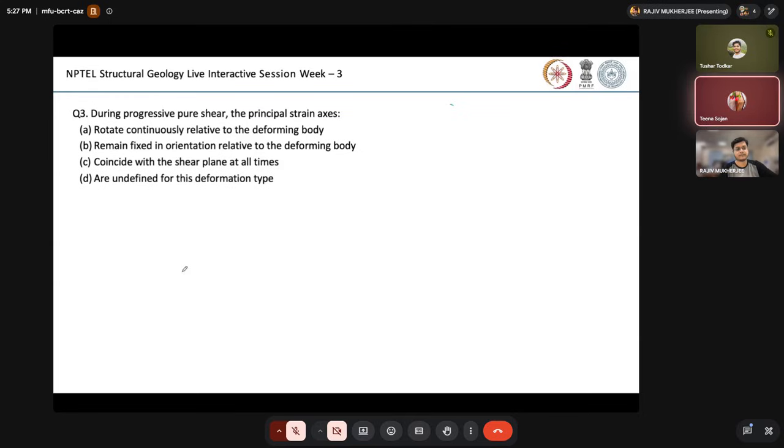Option B. Yes, option B is the correct answer, because progressive pure shear deformation is a coaxial deformation.